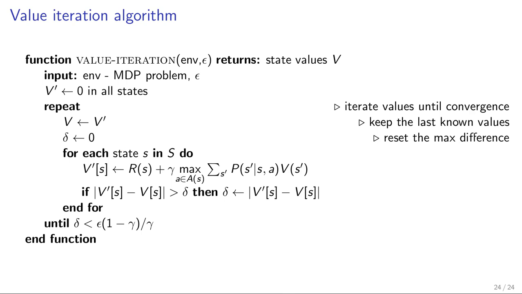It will also update the values as it goes, but it also operates on the policies. It will change the policies. While here, you're going for the values, and eventually we will learn how, once you have the values, to extract the policy, which is what you really want typically. It's nice to have an estimate of how much value I will get by following a certain policy. But what I really want is to know what to do in every state, and so the policy is usually my final goal.